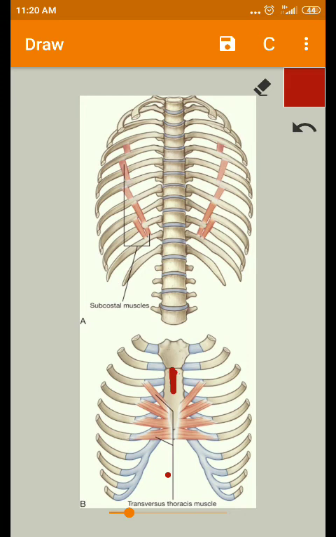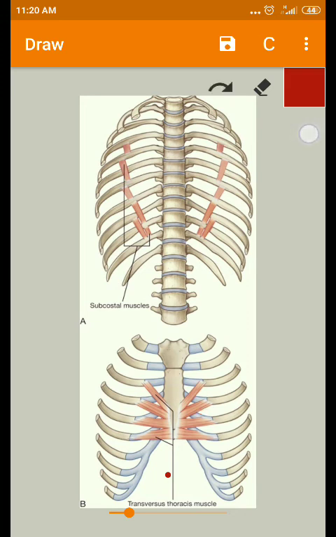Here also this is the inner surface, and here also the lungs are present, with the pleura and the anterior ends of the intercostal nerves.